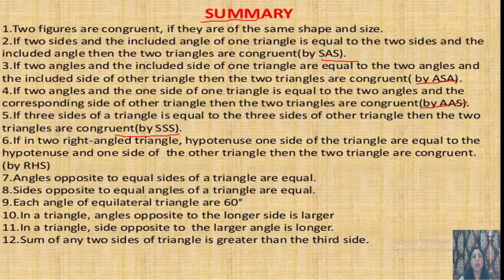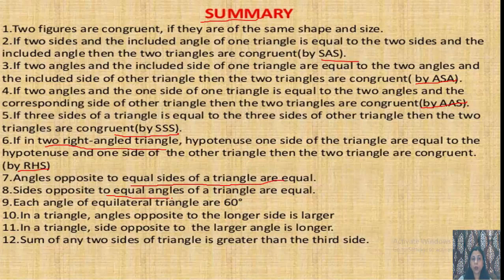If three sides of a triangle is equal to the three sides of other triangle, then the two triangles are congruent by SSS. अगर तीनों sides equal हैं किसी दूसरे triangle के corresponding sides के, तो वो congruent होंगे by triple S. And if in two right angle triangles, hypotenuse one side of the triangle are equal to the hypotenuse and one side of the other triangle, then the two triangles are congruent by RHS. Angle opposite to equal sides of a triangle are equal.